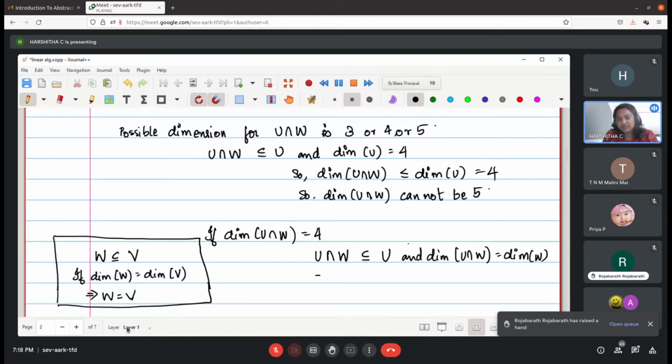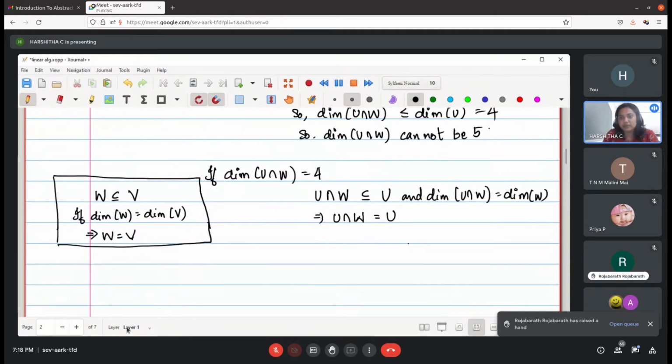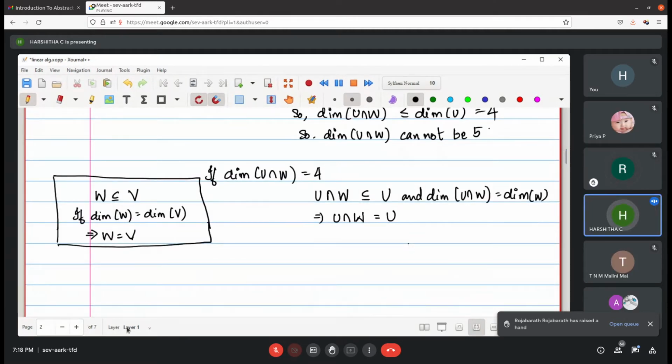So using this, what we conclude is U intersection W equal to U. And similarly, we can do it for W. There's no difference, right?